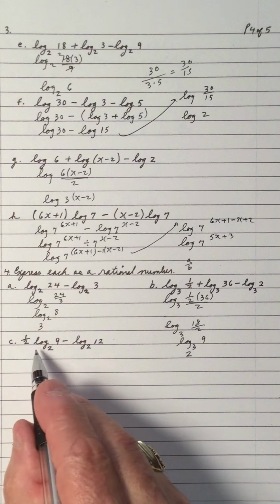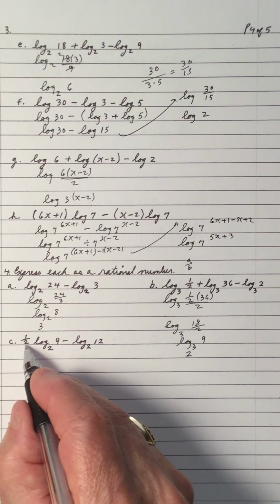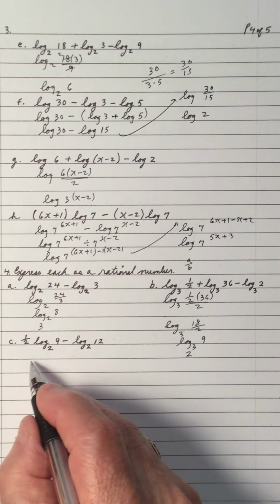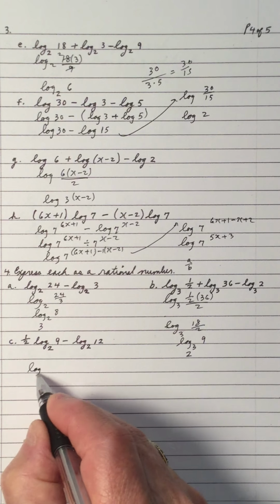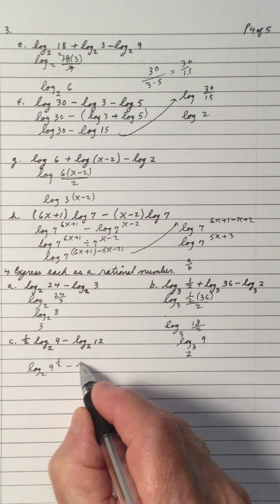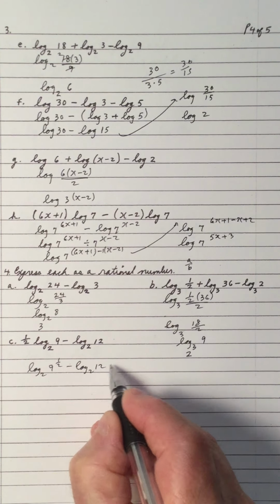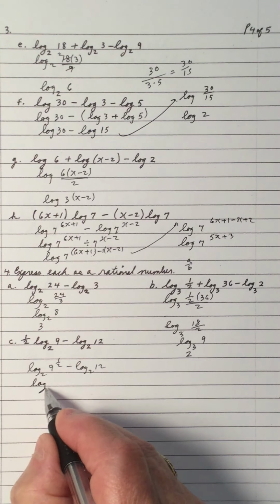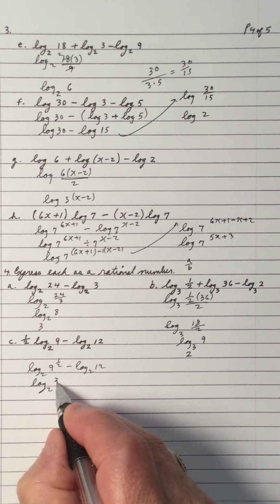And C, we have a number in front of the log, so we have to use the power rule. So it is the log of base 2, 9 to the 1/2. So we write that down first. Then 9 to the 1/2 is the square root of 9, which is 3.